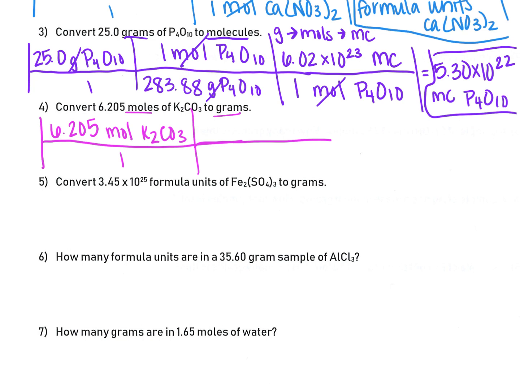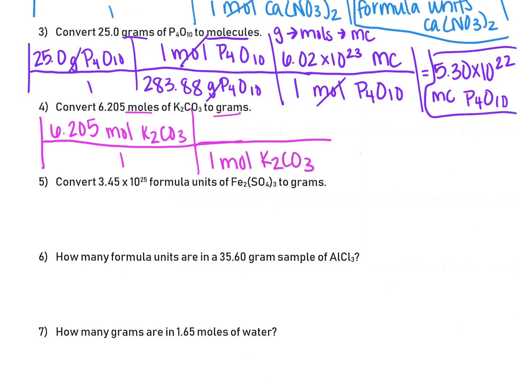Okay, let's check your work. So you start with 6.205 moles of potassium carbonate. How do you convert from moles to grams? What do you have to find? Okay, you have to find the molar mass. If the unit mole's on top, what has to go down here? Moles. And it'll just be 1 mole.